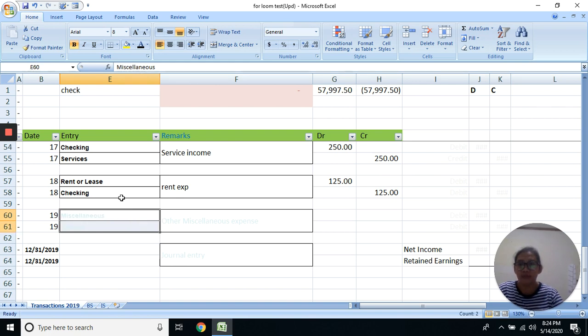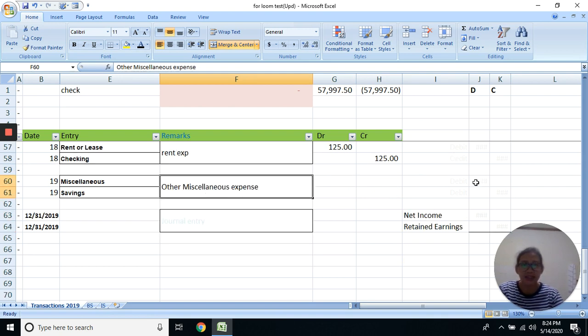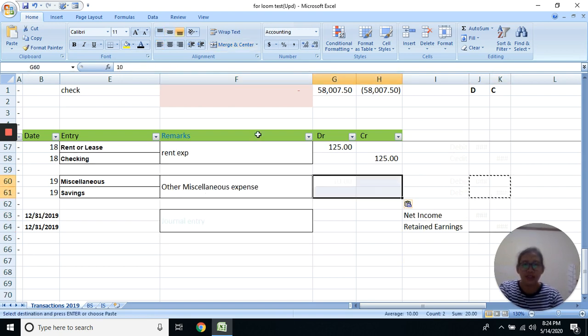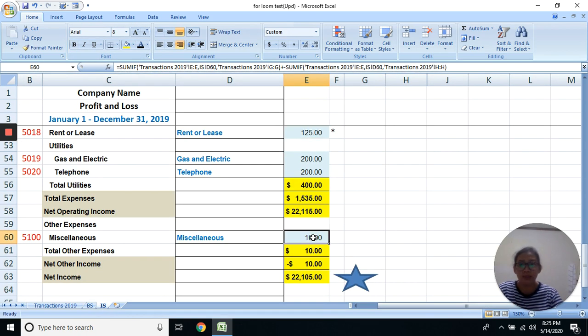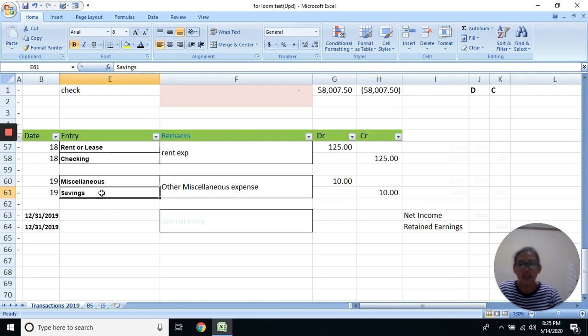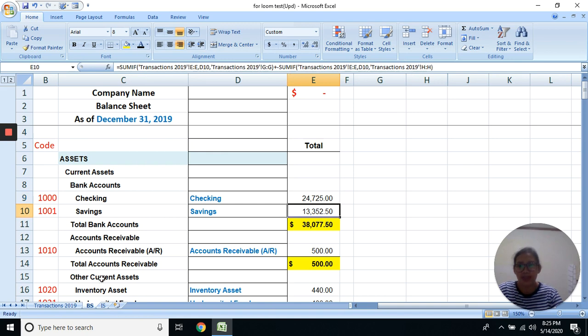Last transaction. We have another expense, miscellaneous expense of 10 US dollars. So the miscellaneous expense increases by 10, and our savings account, where we get our fund, decreases by 10.